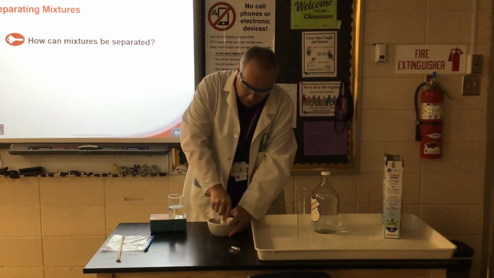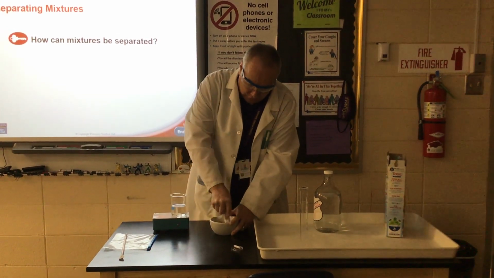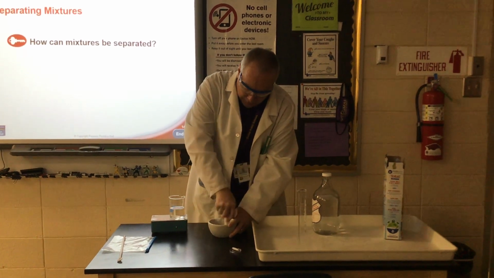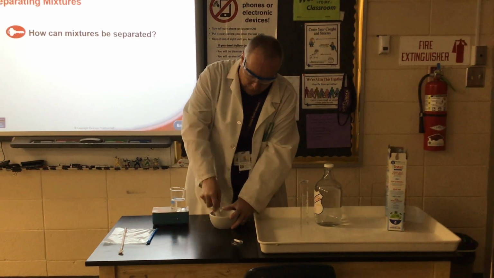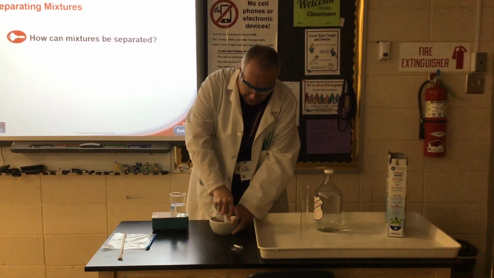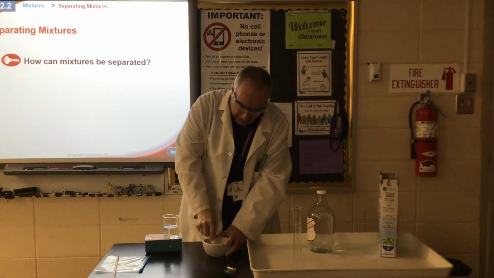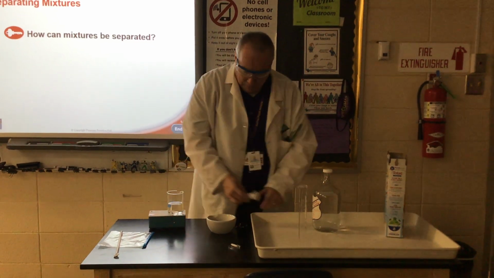In chemistry, we call this a magnetic stir plate. It stirs things for us so we don't have to. Sounds a little lazy, but if you have to stir for 10 minutes or 20 minutes, this allows you to do it safely and effectively without having to stir continuously, and you can leave your sample behind.